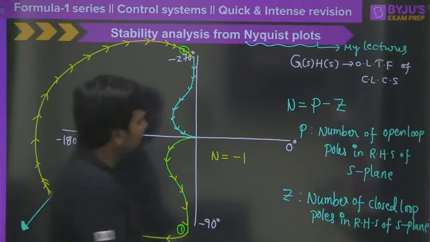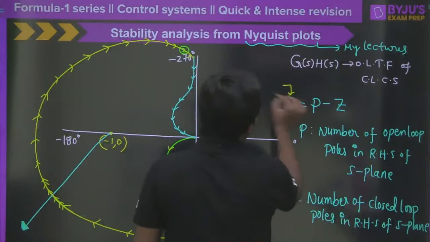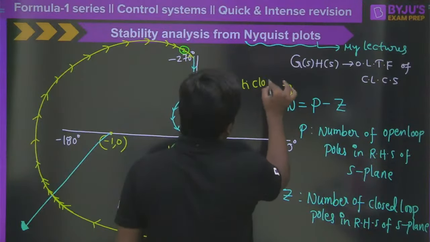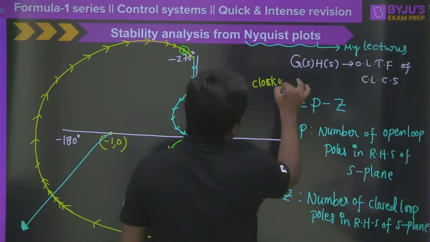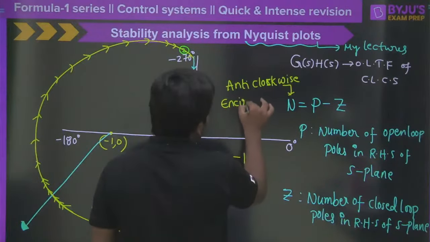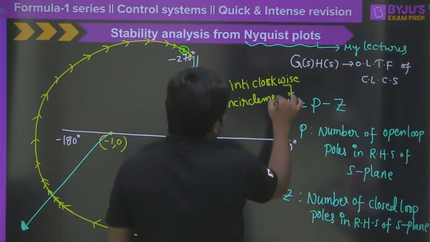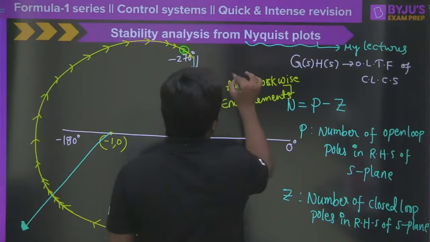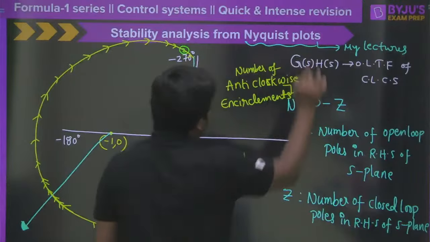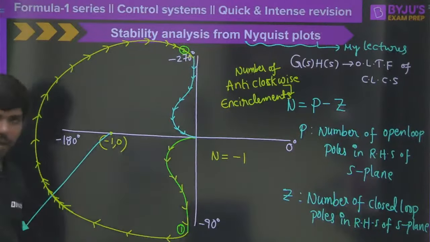Right? Most important thing is this N could be written as the number of anti-clockwise encirclements. Clear? In this case, N is equal to -1.